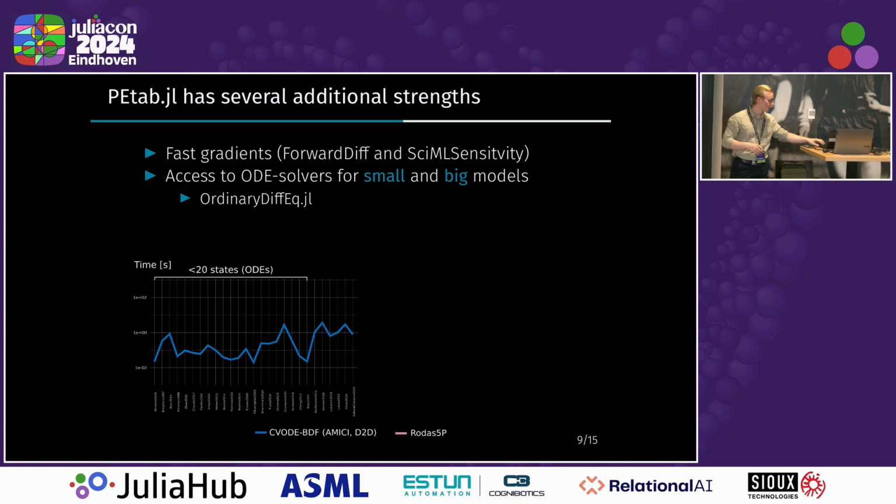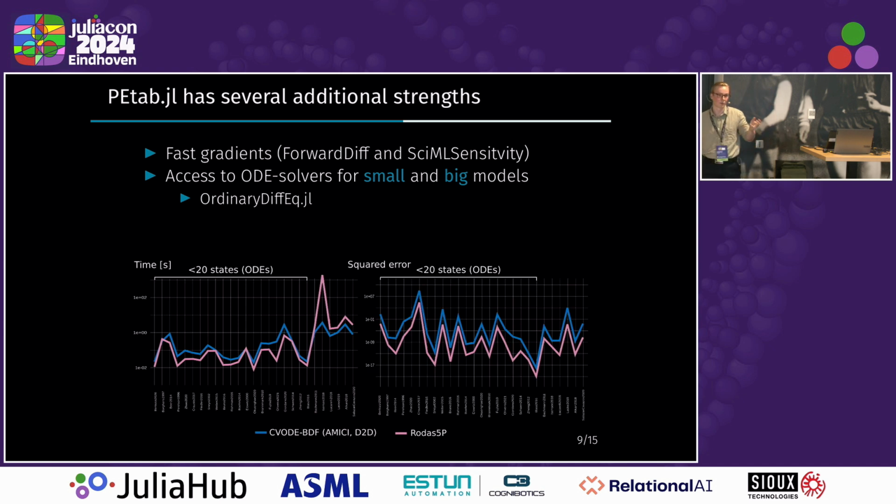Here you're seeing the runtime for the Rodas5P solver. It's a Rosenbrock solver specialized for smaller models. And you can see that, at least for the smaller models, it has quite a good advantage. And if we look at the accuracy here, we can also see it's actually more accurate if you use the same tolerances. So I think this nicely highlights why we want to have these kinds of toolboxes in Julia, because then we can also choose an ODE solver that is specialized to a problem we are actually working with.